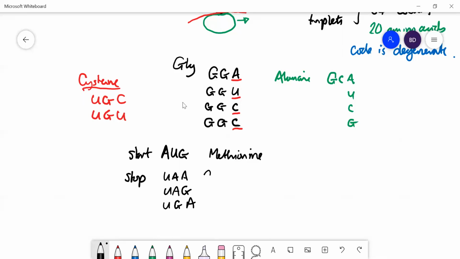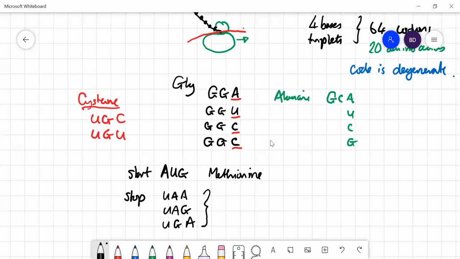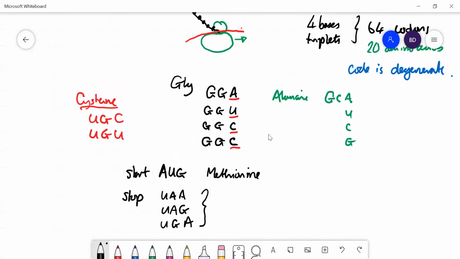So whenever you get any of those codons, what happens is on the ribosome up here, the mRNA and the protein detach, and that is the end of translation.